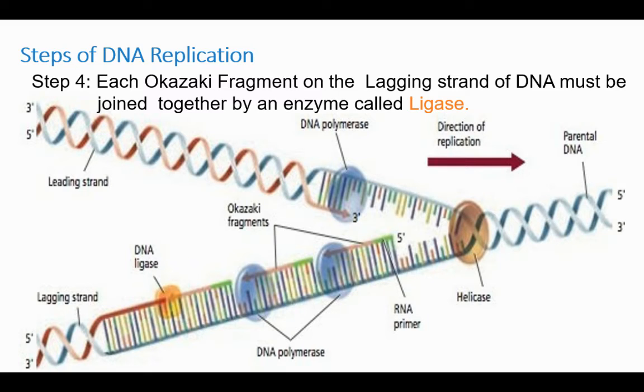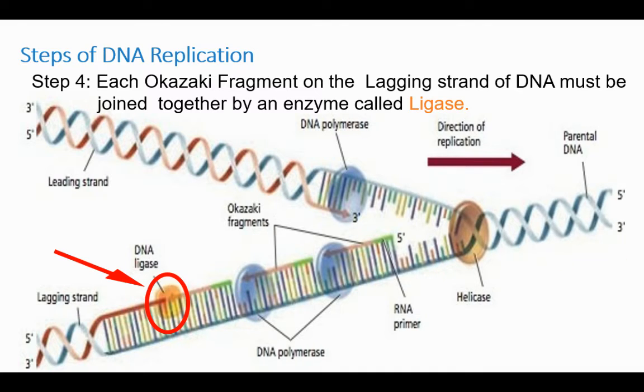Okay? Tapos, papasok ulit si DNA polymerase para palitan yung RNA primer ng actual na base pair. Then you have now your DNA ligase that will repair or bond those fragmented Okazaki fragments to produce your daughter DNA. Okay?